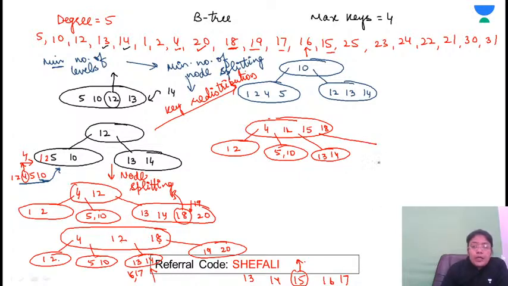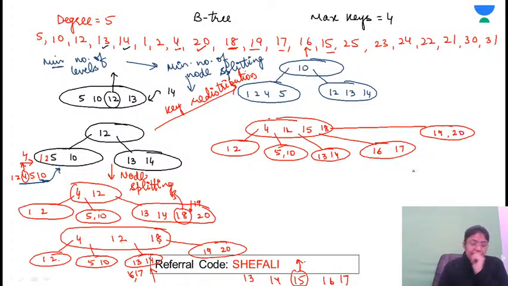On the right of 15 we have 16 and 17. And to the right of 18 we have 19 and 20. ओके जो हर्षा का डाउट है वो अभी सामने आने वाला है.